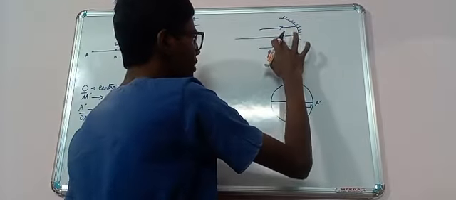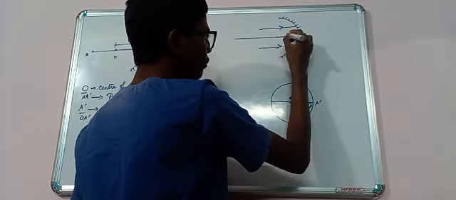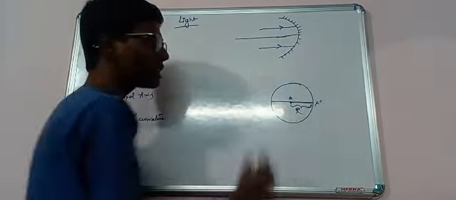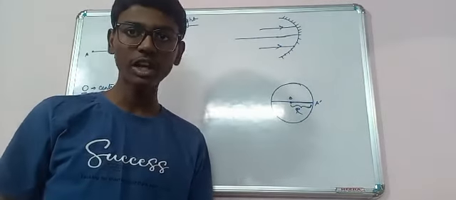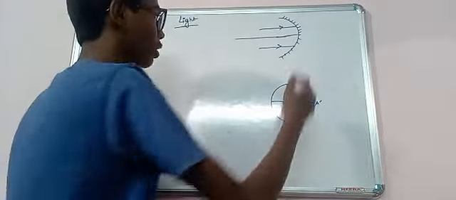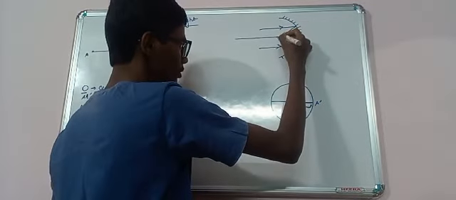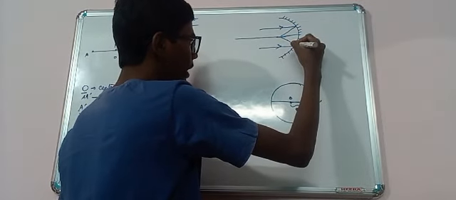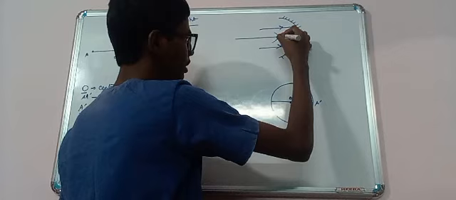So light rays which are parallel to the principal axis, after reflection, this is the reflecting surface, after reflection they converge for a concave mirror, and meet at a particular point.